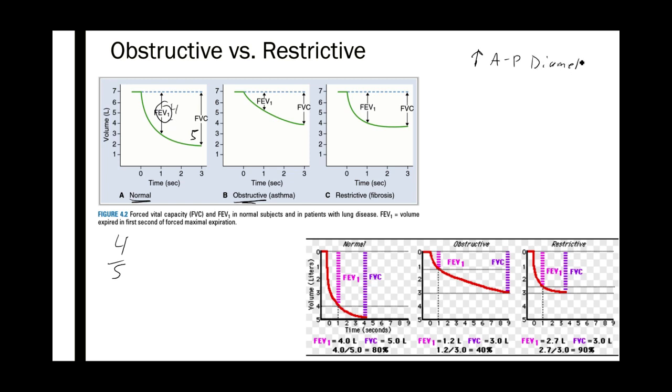And AP is just anterior posterior. So you might see the term barrel chest. And that's literally because the lungs are holding so much air that they push your chest out anteriorly and posteriorly, so you have an increased AP diameter.